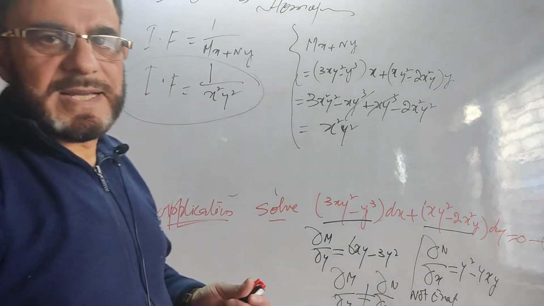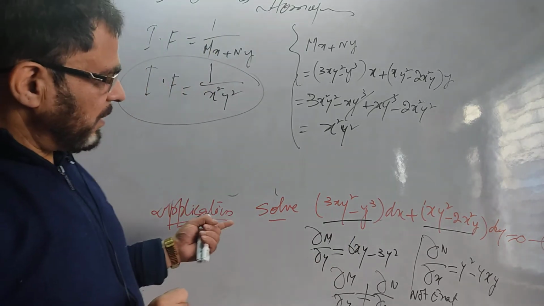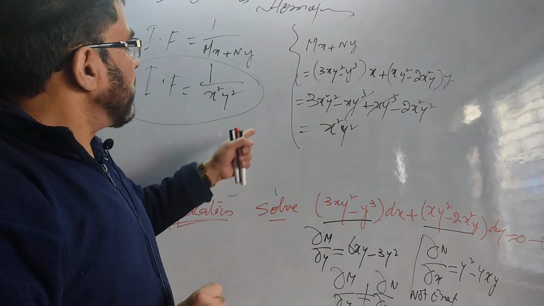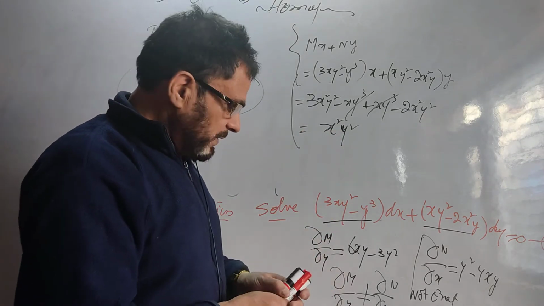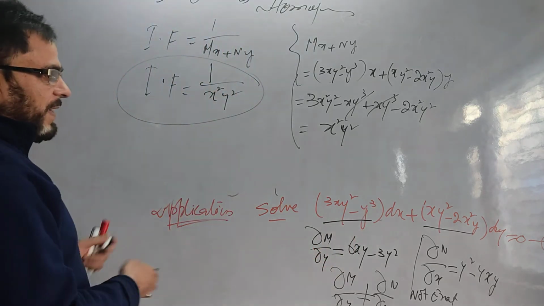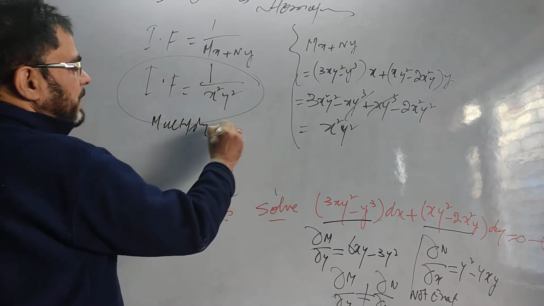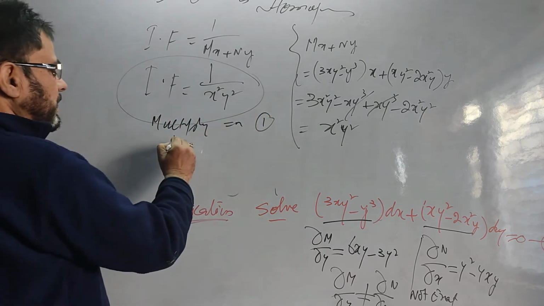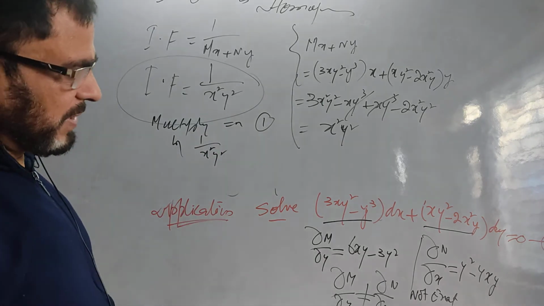When it was not exact, but was homogeneous of degree 3, we could apply this formula, and you have seen that x²y² is not 0. Well, we will now multiply equation number 1 by this integrating factor, 1 by x²y².